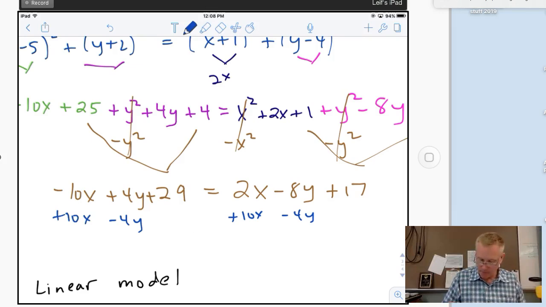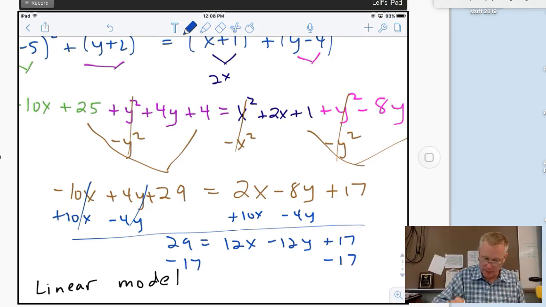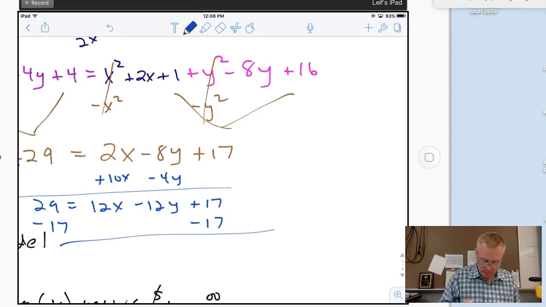So these are gone, these are gone. I got 29 equals 12x minus 12y plus 17. The last step is subtract 17 from both sides. Running out of space. So I got, that's 29 minus 17 is 12 equals 12x minus 12y.